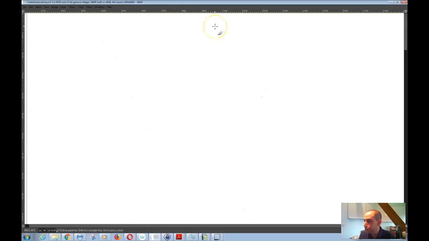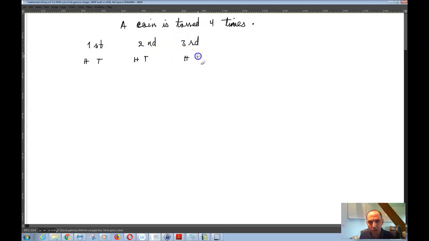So now if a coin is tossed 4 times, on the first throw you will get either heads or tails. Second throw you'll get either heads or tails. And this is the third throw, you will get either heads or tails.